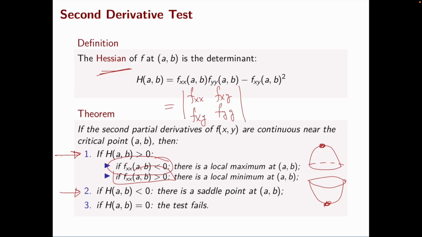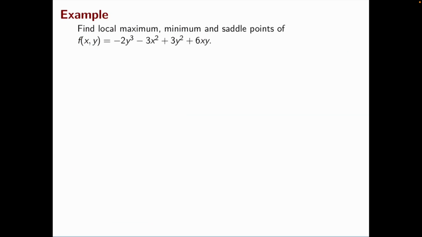So in order to decide that, we then look at the second derivative with respect to x. And in case that the Hessian is equal to 0, well, the theorem doesn't say anything in that case. So this test is not good for that case. We need to decide what that point is by other methods, but we cannot decide by this theorem.